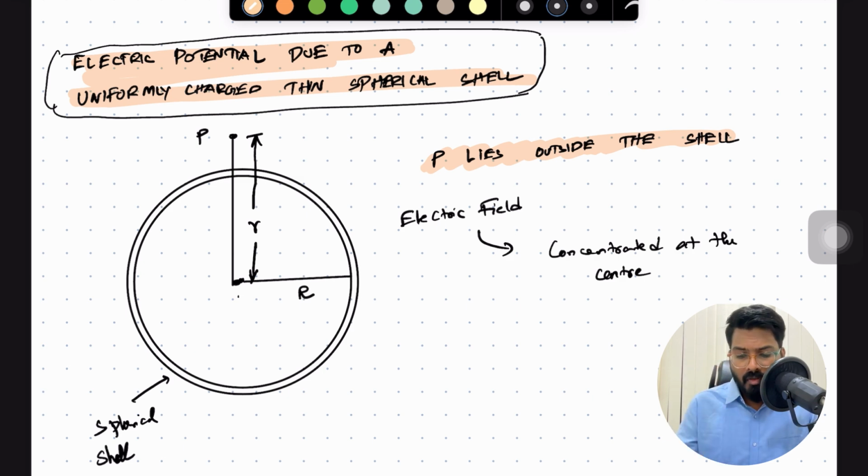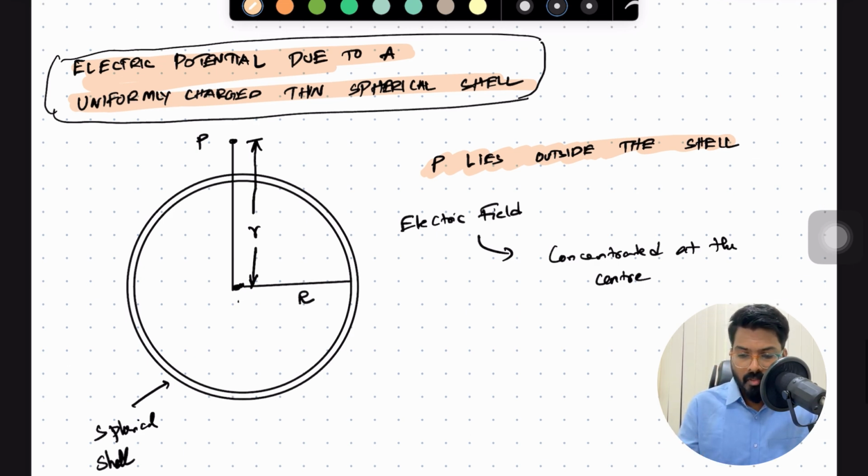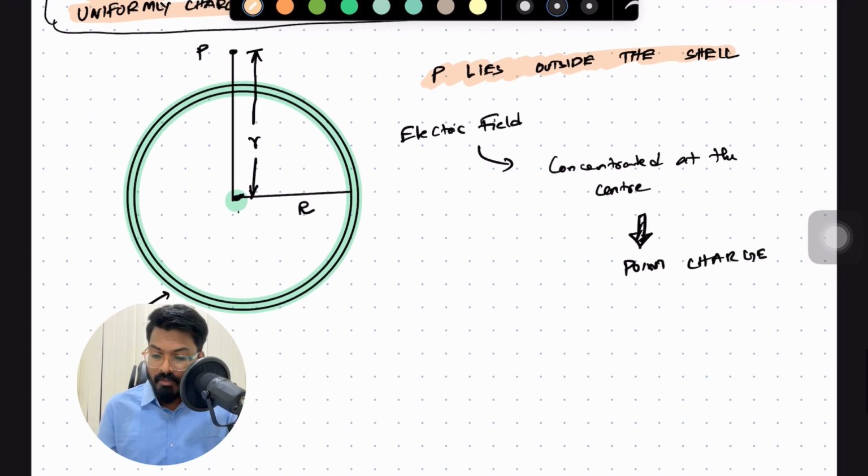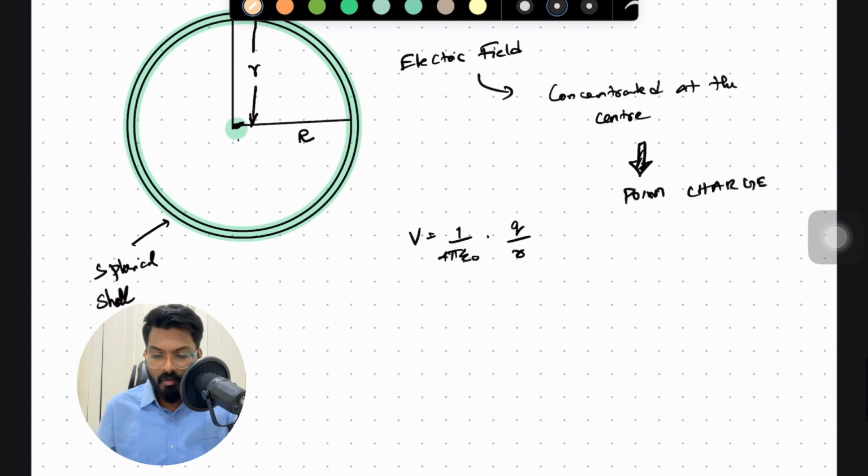As a result, because there is charge on this sphere, it acts as if it is concentrated at the center, so it acts like a point charge. Then I could find the electric potential V at the point due to this point charge, which is given by the formula 1 by 4 pi epsilon naught, Q by r, where r is the distance of the point.